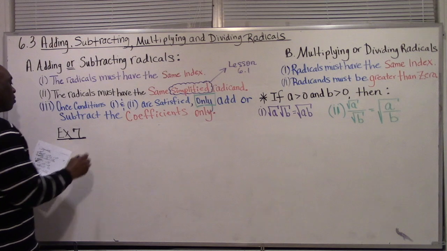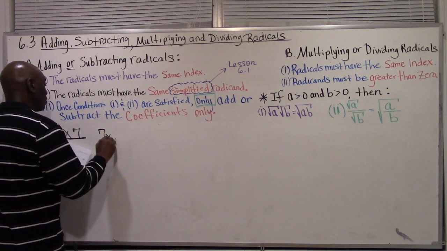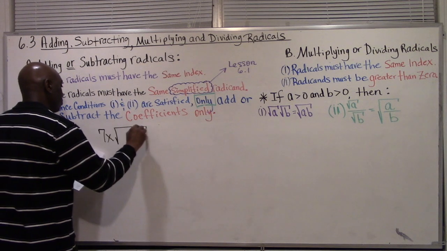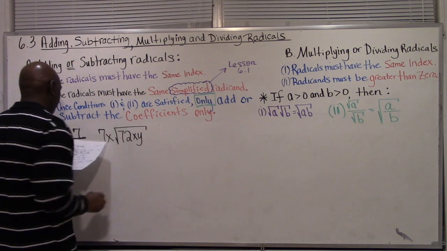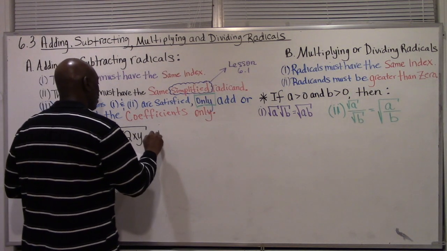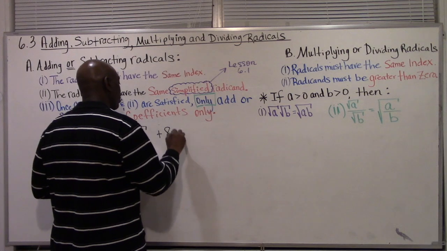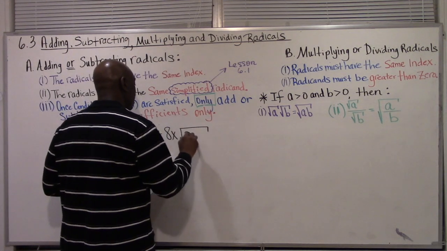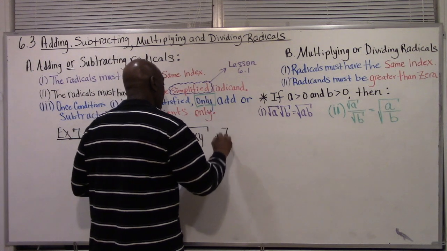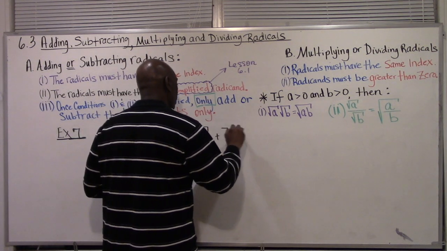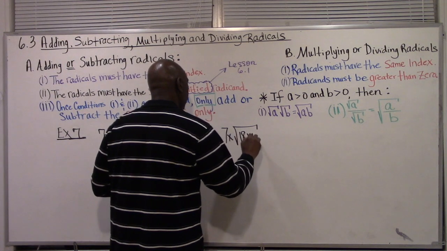Here we go. 7x, the square root of 72xy, plus 8x, the square root of 2xy, plus 7x, the square root of 18xy.